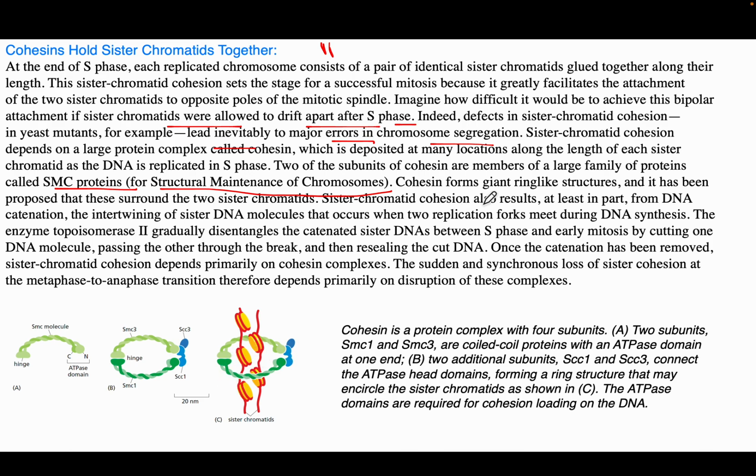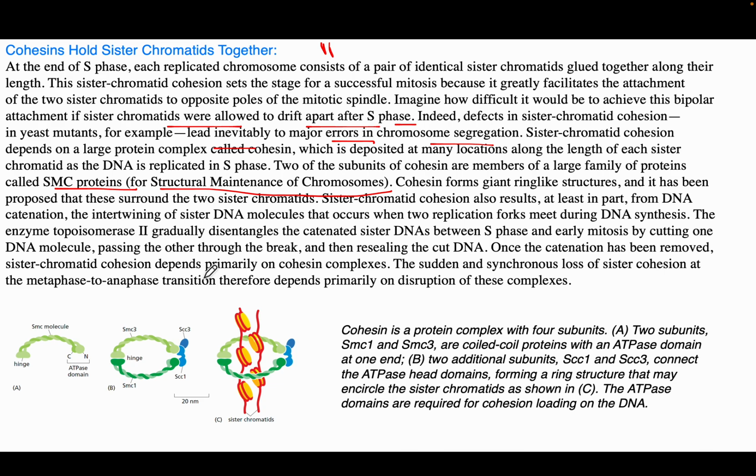Sister chromatid cohesion also results, at least in part, from DNA catenation, the intertwining of sister DNA molecules that occurs when two replication forks meet during DNA synthesis. The enzyme topoisomerase 2 gradually disentangles the catenated sister DNAs between S phase and early mitosis by cutting one DNA molecule and passing the other through the break, and then resealing the cut DNA.